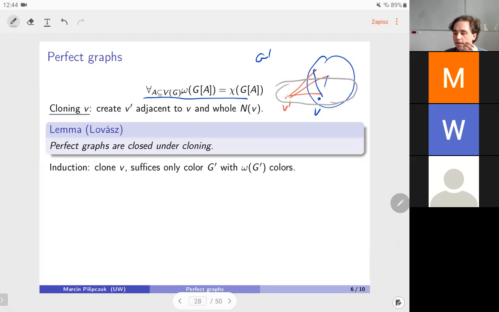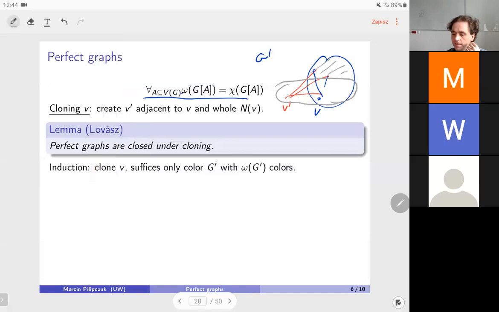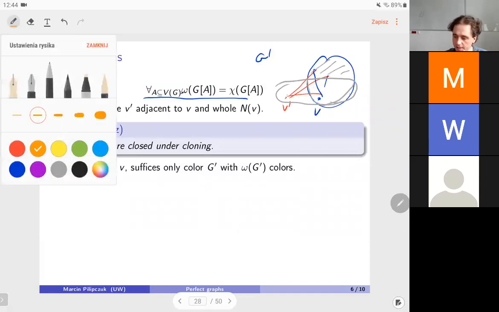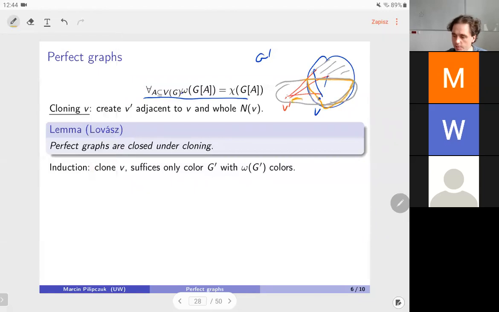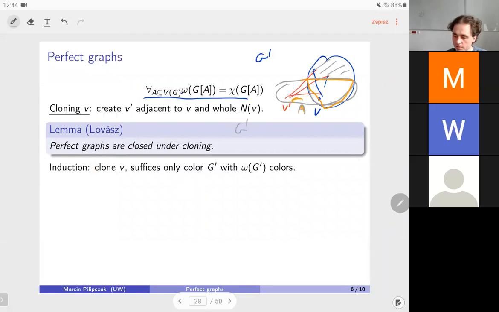But if this induced subgraph is not everything, so there's still something left, then this graph is actually this graph with V cloned. Let me change color again to orange. If I have a set, say A, the gray set, then G prime of A is actually G of A minus V prime plus V cloned.